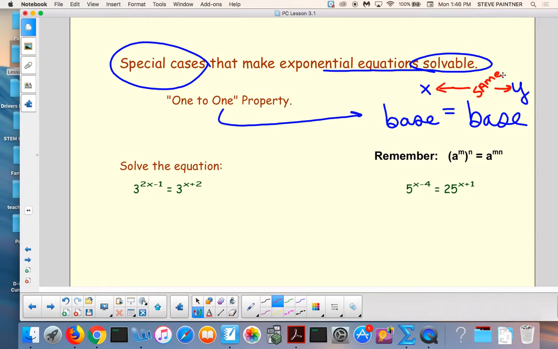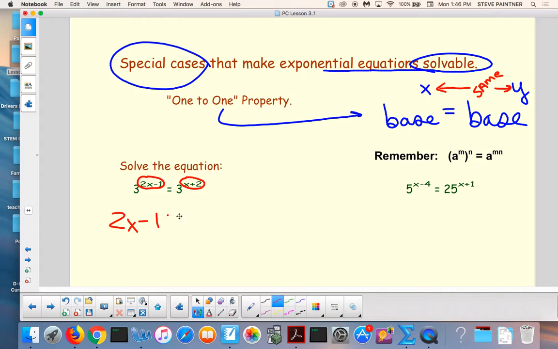So if you look over there, guys, I got base 3, base 3. Are the bases equal? Guess what these exponents have to be? They have to be the same number. It's got to be 3 to the 10th equals 3 to the 10th, or 3 to the 12th equals 3 to the 12th. So what do you do to those exponents? Set them equal to each other.